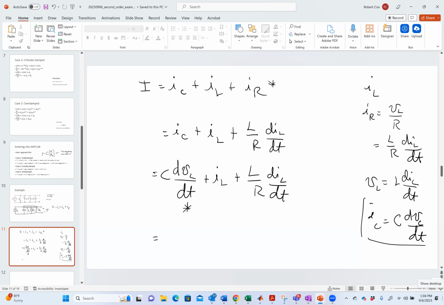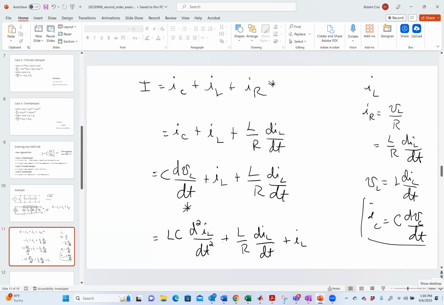V equals L di dt, right? I plug that into V sub L and that becomes a second derivative. So this becomes LC times d squared I_L by dt squared, because I take the first derivative of a first derivative. Plus, rearranging a little, L over R times dI_L by dt plus I sub L.